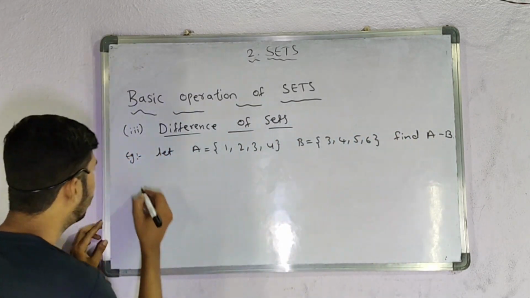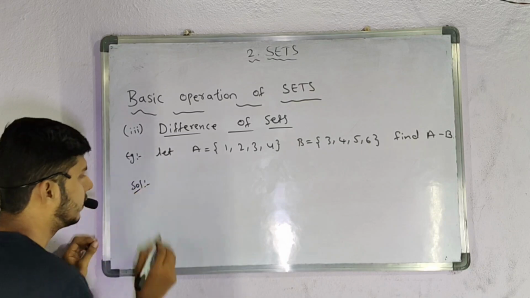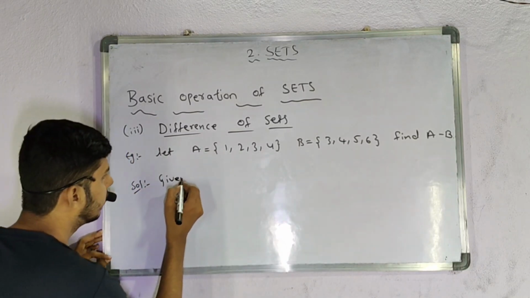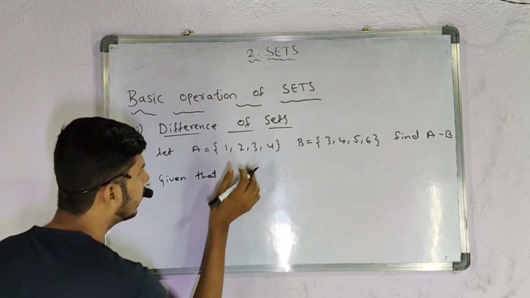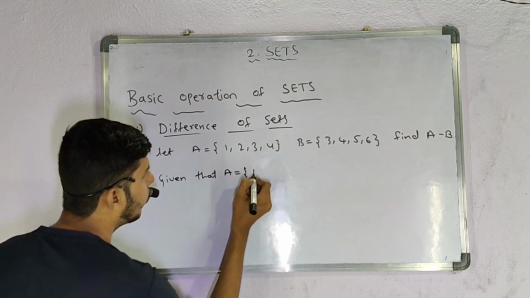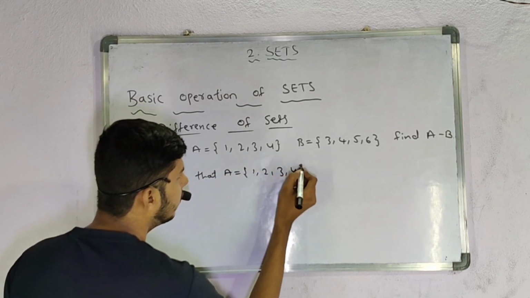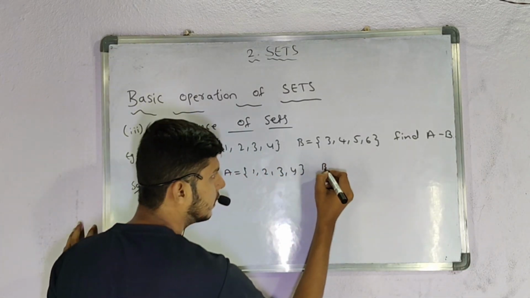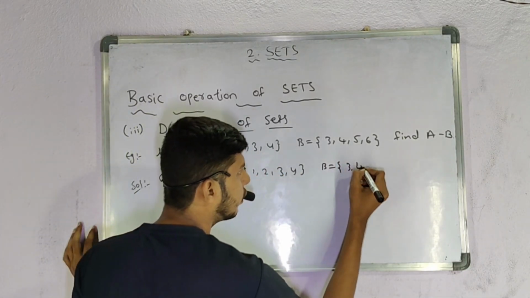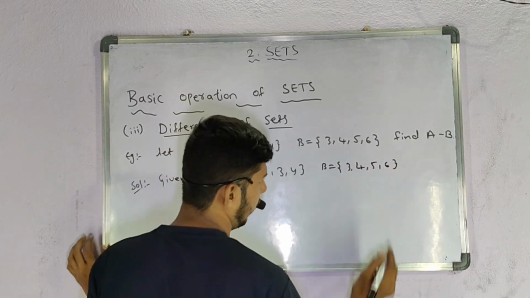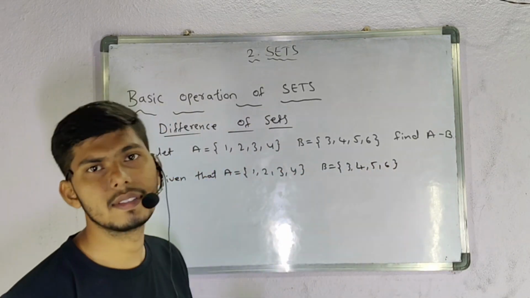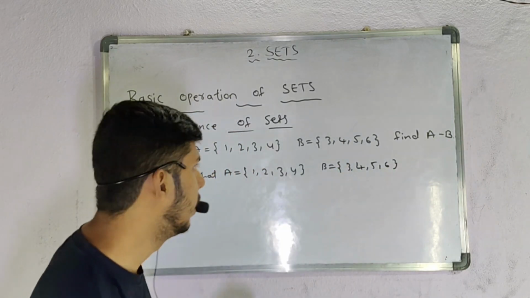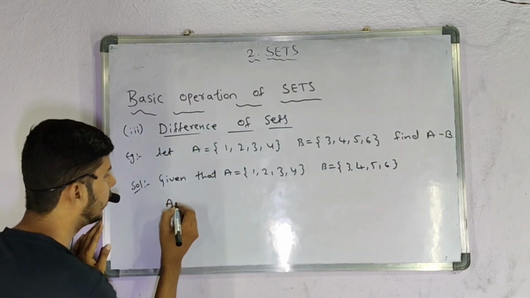Now how are we going to find it? Let's see. First, what is given? A equals 1, 2, 3, 4, right? Next one, the B set is 3, 4, 5, 6. Next we have to find A minus B.